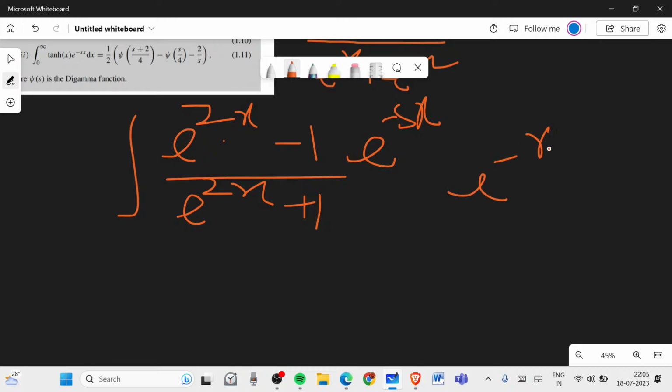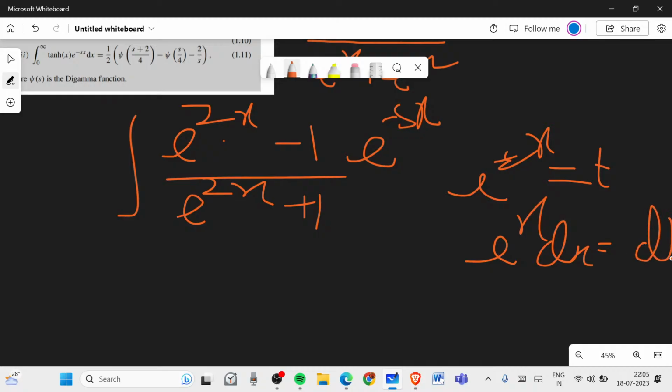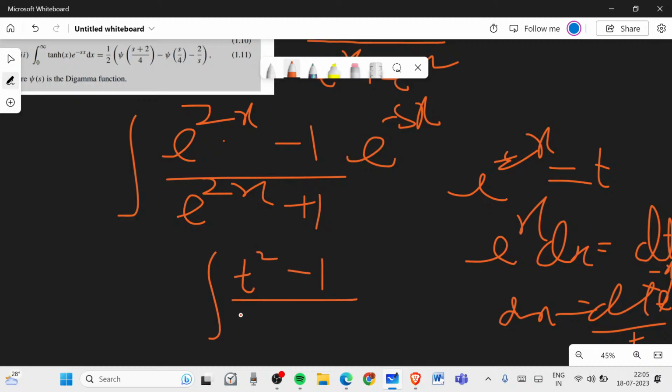I'm putting e to the power x as t simply, then e to the power x dx is dt, and dx is basically dt into e to the power minus x, that is 1 by t. And this is basically 1 by t to the power s. So the integral of (t square minus 1) by t to the power s plus 1 into (t square plus 1).